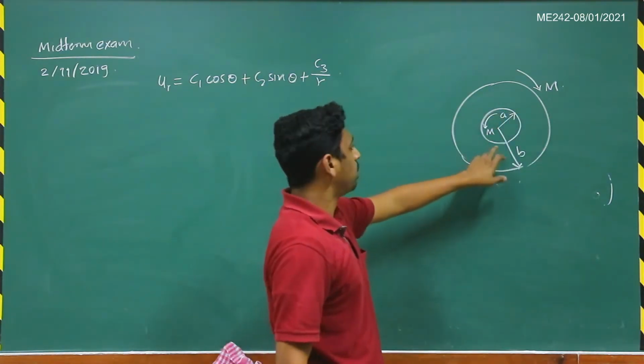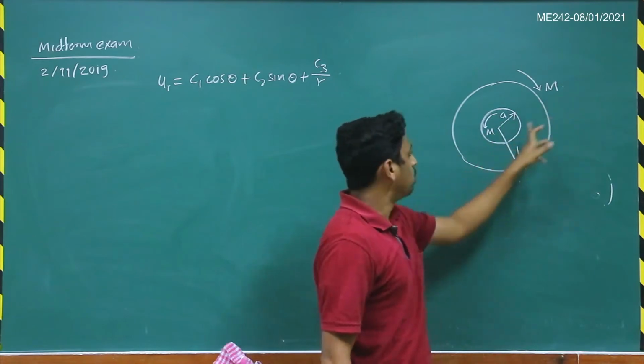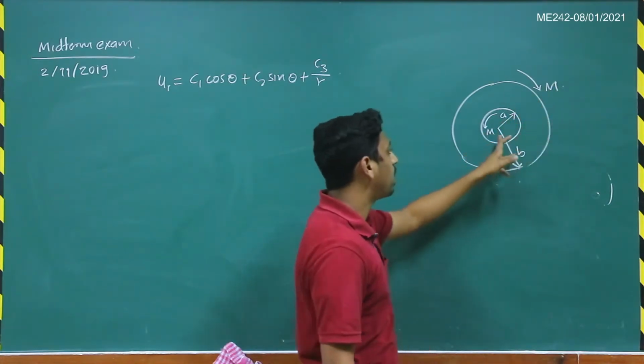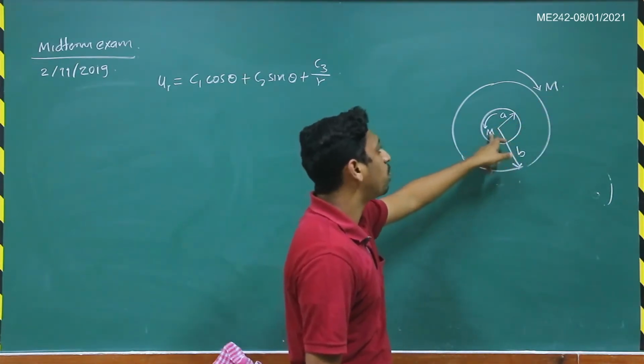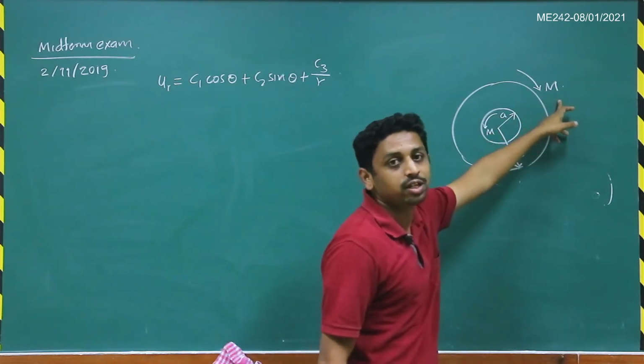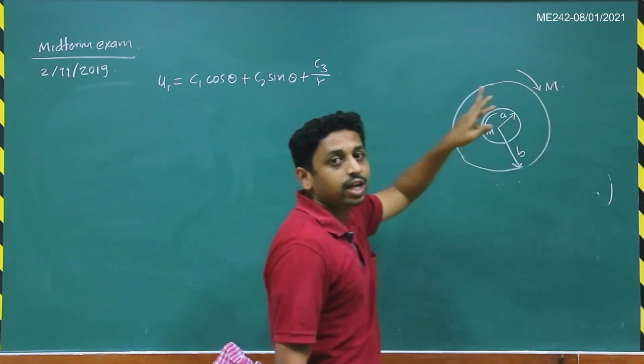In this problem, these moments are applied which are equal and opposite. And one more thing is given, that these moments are applied through tangential tractions which are independent of theta.